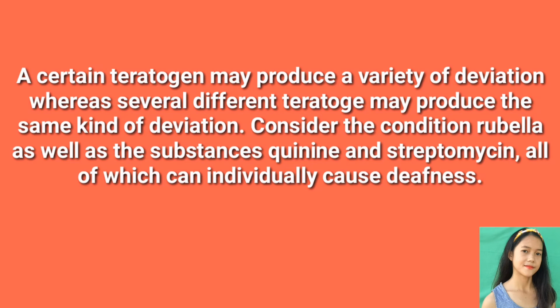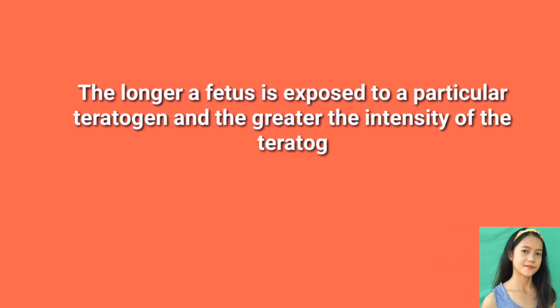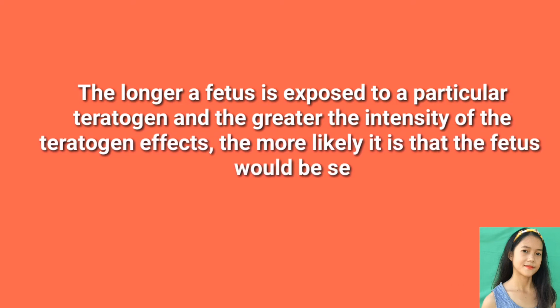Consider the condition rubella, as well as the substances quinine and streptomycin, all of which can individually cause deafness. The longer a fetus is exposed to a particular teratogen, and the greater the intensity of the teratogen's effects, the more likely it is that the fetus would be seriously harmed.